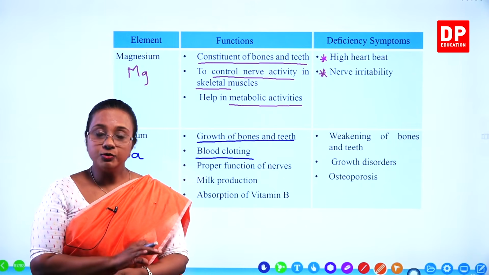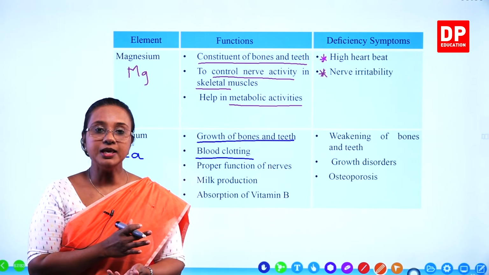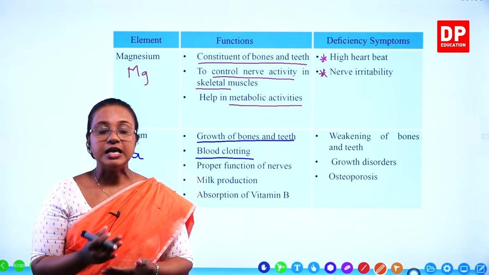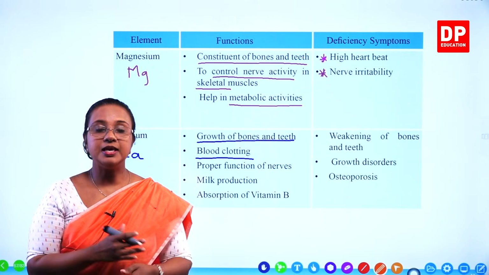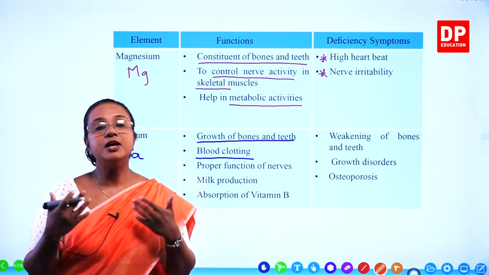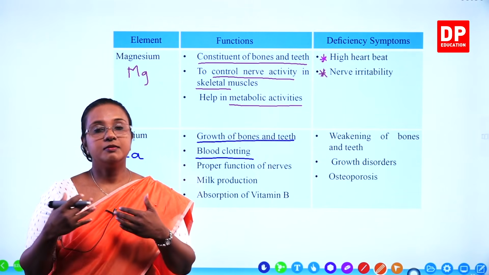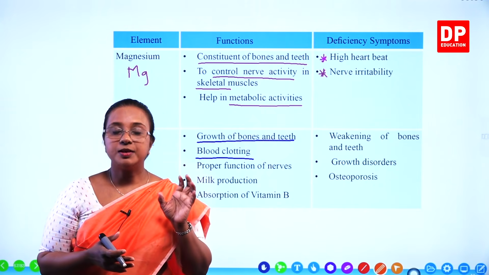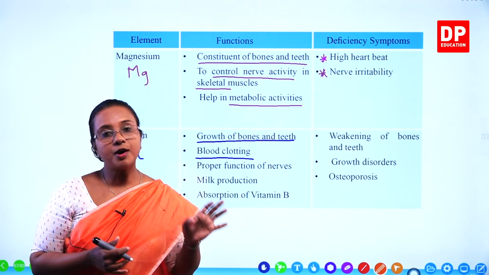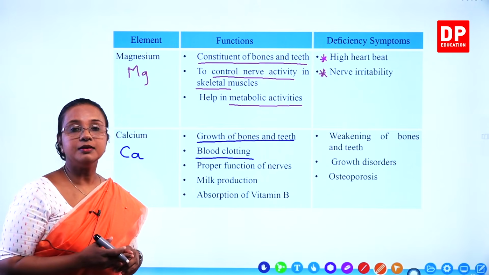When you have a wound in your body, a small cut in your hand, there will be blood flowing out. If we don't stop the blood flow, then there can be excessive blood loss. This is prevented by the body by the process of blood clotting. So for the blood clotting to happen properly, there should be enough calcium in the body.